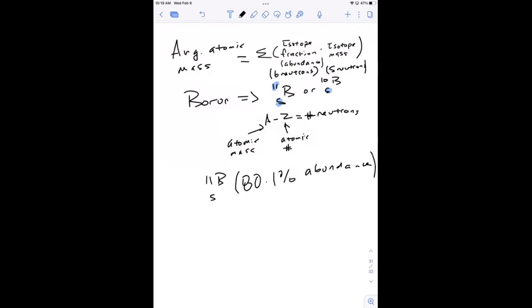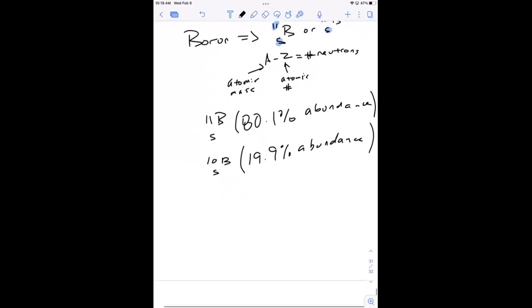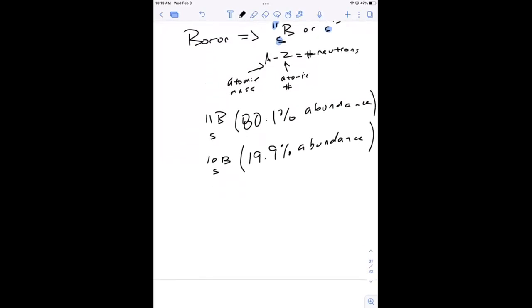And then B10, again, atomic mass on the top, atomic number on the bottom, has a 19.9% abundance. We can calculate the average mass from that. All we do is take, again, the fraction times the atomic mass of the isotope. And we're going to add those two together.